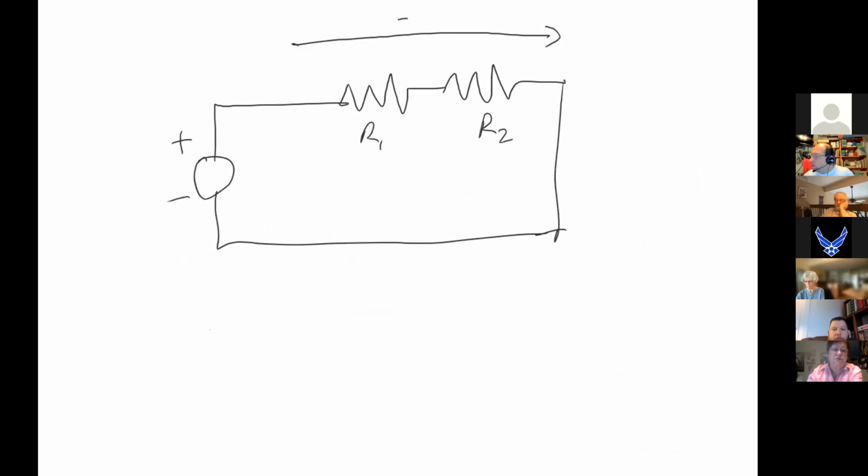The same current, I, flows through everything. Well, it also means that your voltage, let's say that this is E, this is E1, and this is E2, they're going to be different because of Ohm's law, which means that P is equal to E times I, and your voltages are going to be different.